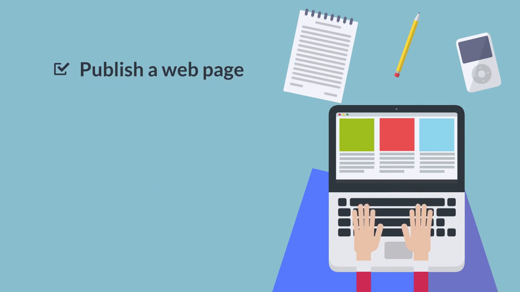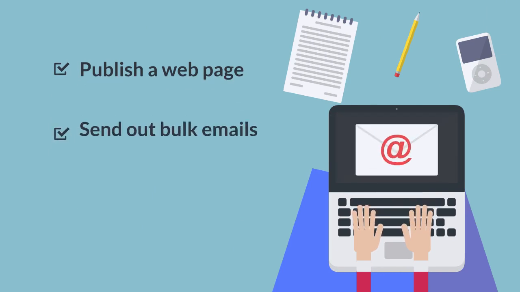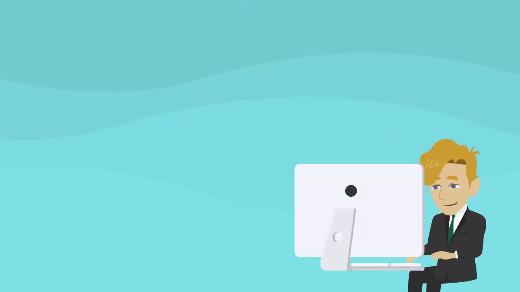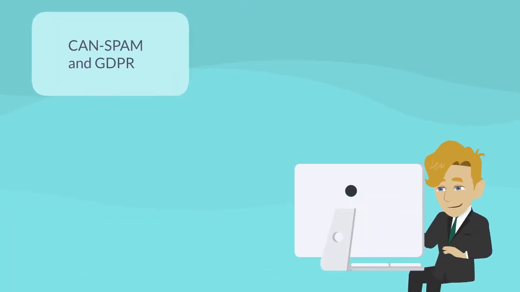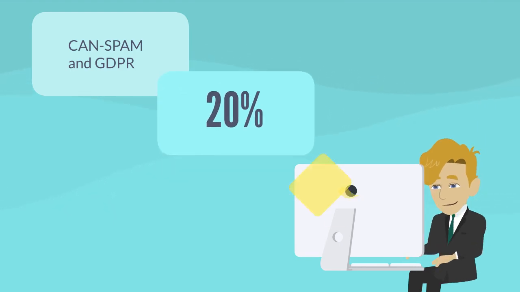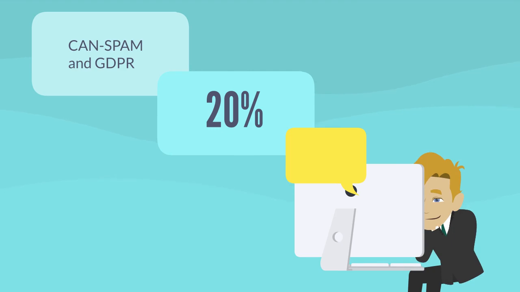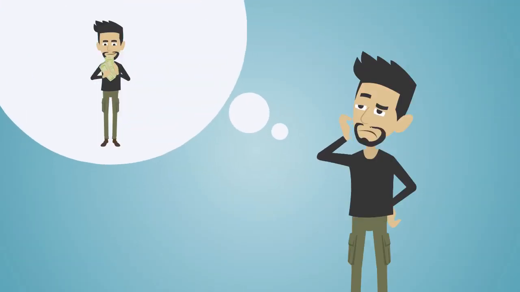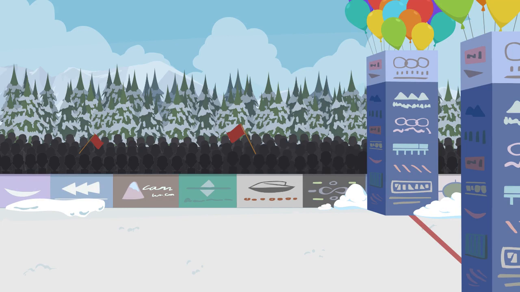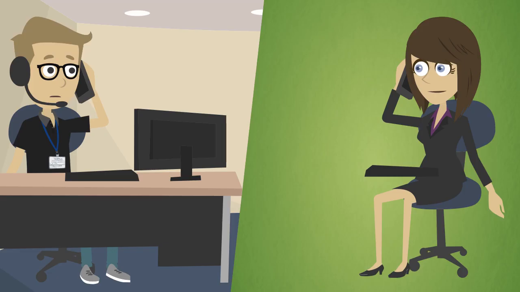Gone are those days where you could quickly publish a web page, send out bulk emails to your list, and make sales. Today, due to changed laws like CAN-SPAM and GDPR, you'd be lucky if even 20% of your messages get opened. When people decide to make a purchase or simply subscribe to a mailing list, they make that decision based largely on emotion. In this day and age, it's more competitive and difficult to make sales than ever.